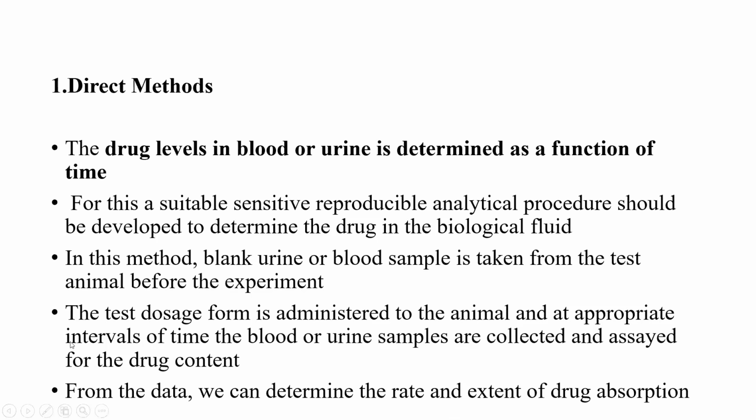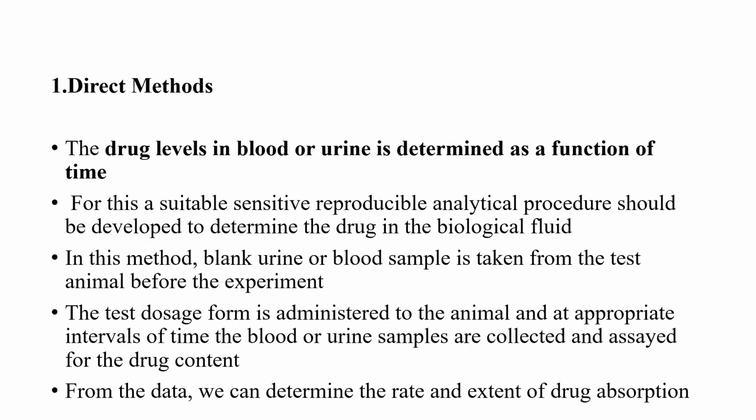In this direct method, if you need to know the plasma drug concentration, you need to have proper bioanalytical techniques. You need suitable, sensitive, reproducible analytical procedures so that you can determine it. You take the blank urine or blood sample before, then give the test dose to the animal, and at appropriate time intervals you collect the blood or urine samples and assay them for the drug content.